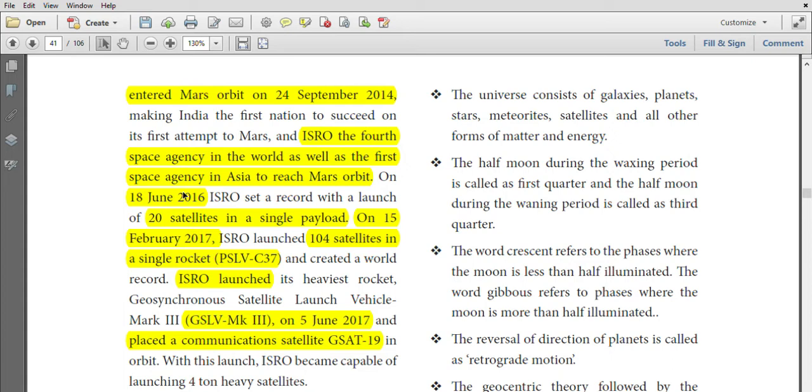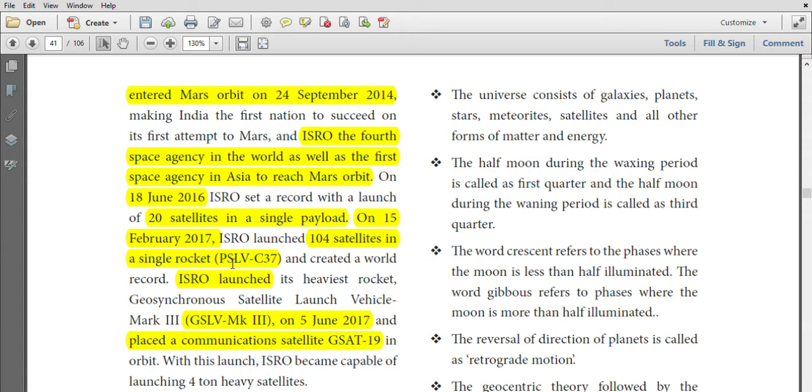On 18 June 2016, ISRO sent a satellite. It had 20 payloads. On 15 February 2017, ISRO launched a satellite. It had 104 payloads.